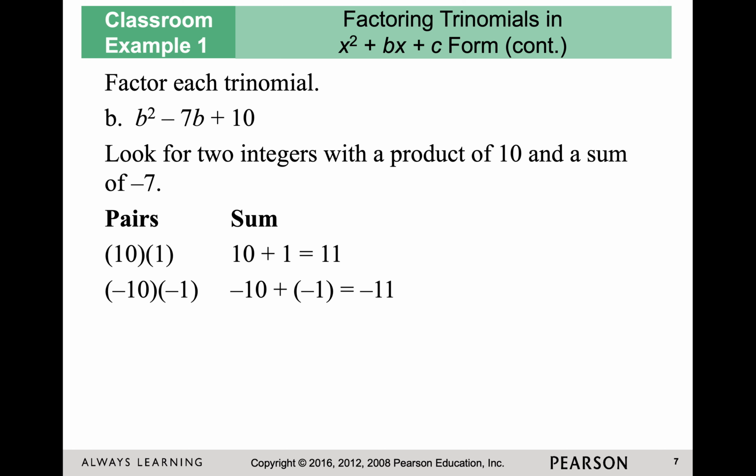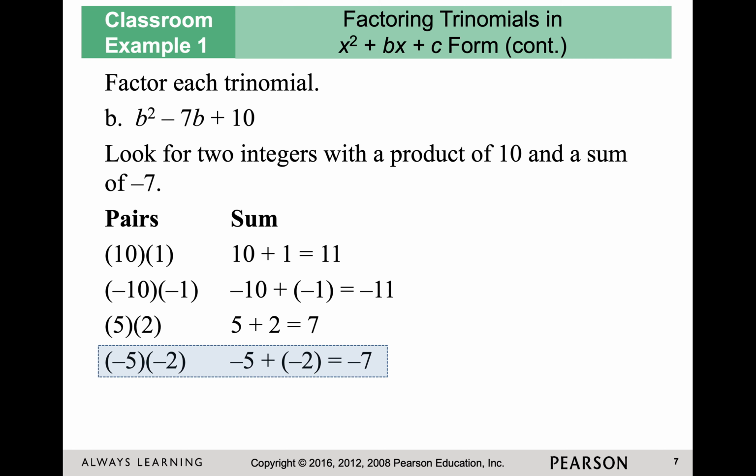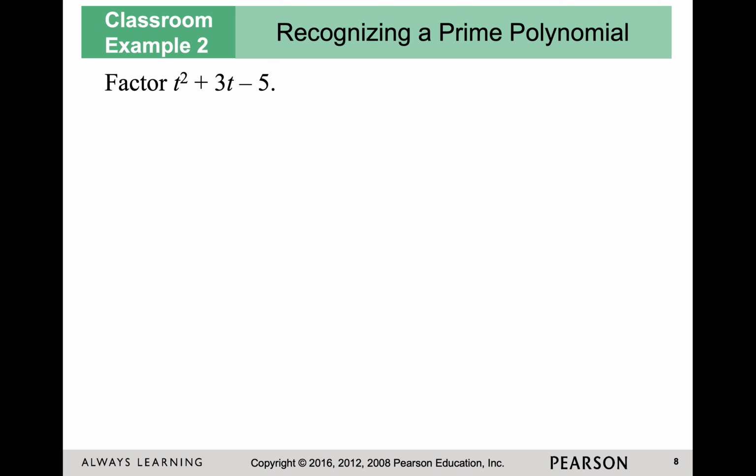Negative 10, negative 1 doesn't work. 5 and 2 works, but it gives me positive 7. So if I look at the negatives, I get negative 7, which means my parentheses are going to be b minus 5 and b minus 2. So if you have a negative factor, you use subtraction in the parentheses. If you have a positive factor, you use addition.